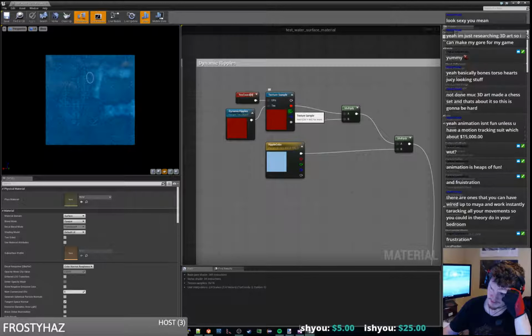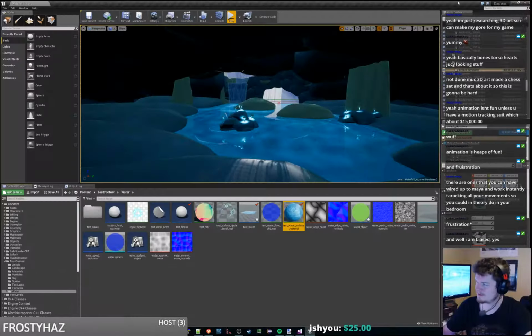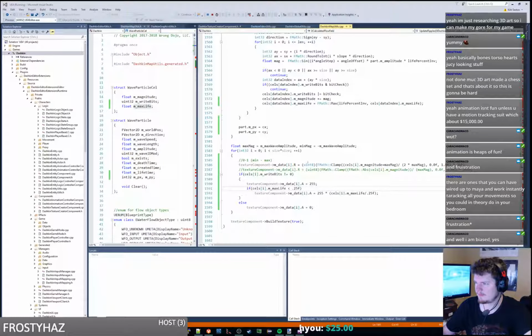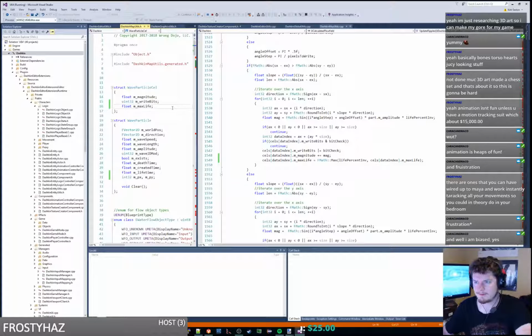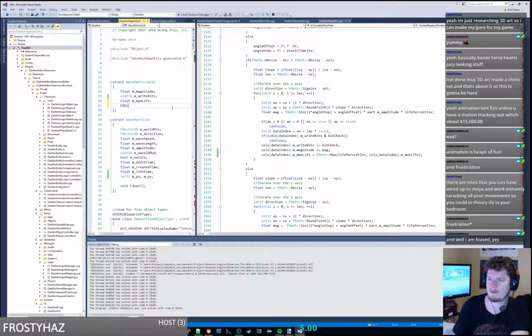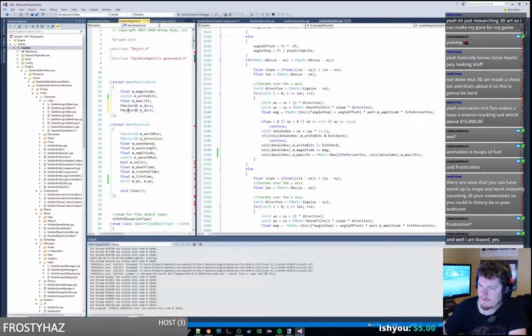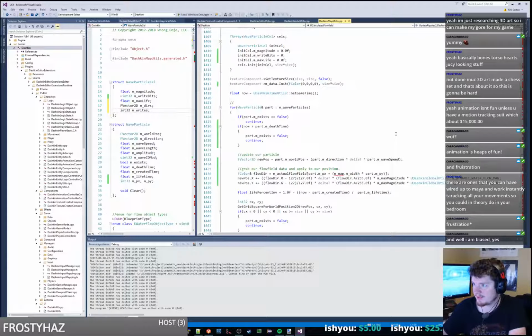So I could try writing the direction into the G and B, and we'll see if it works. We'll write the direction in here, and see what we can get away with.